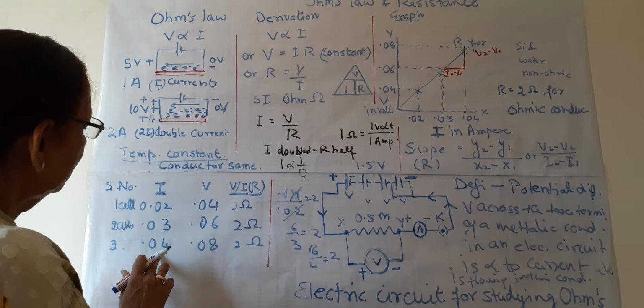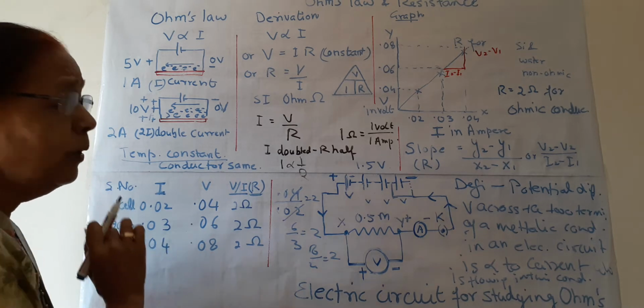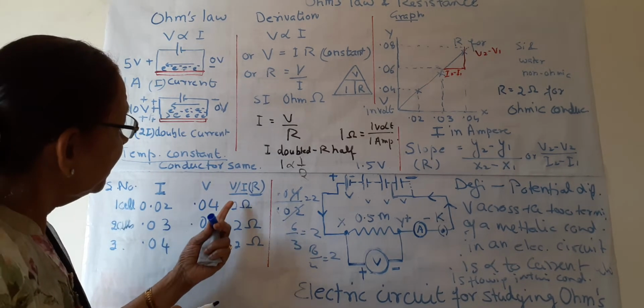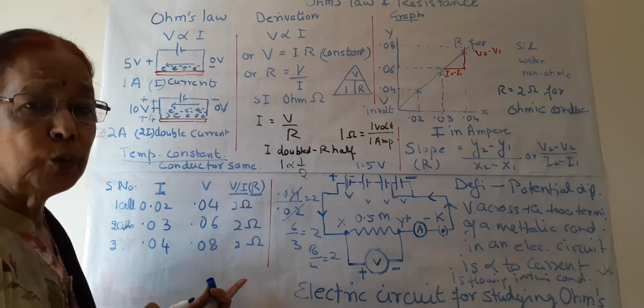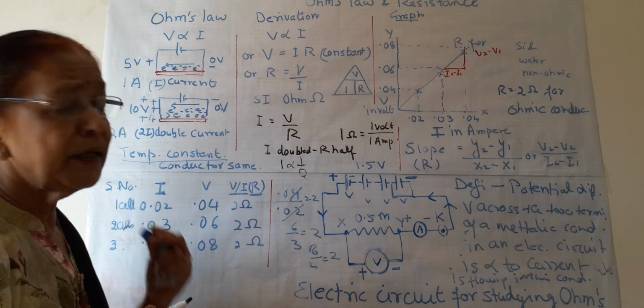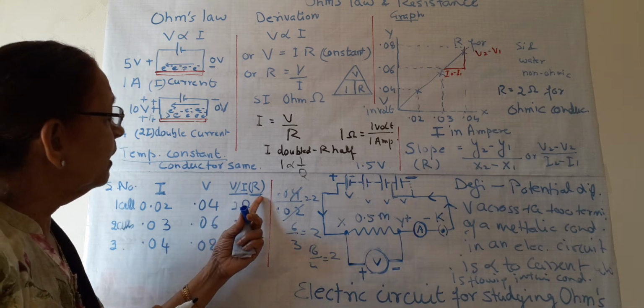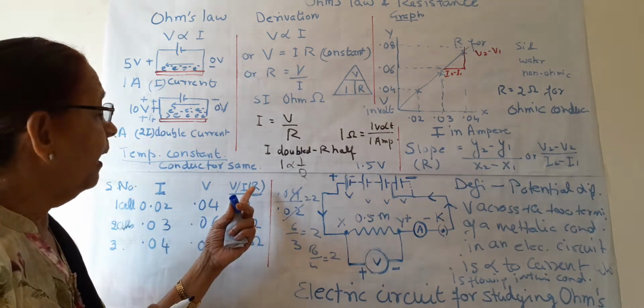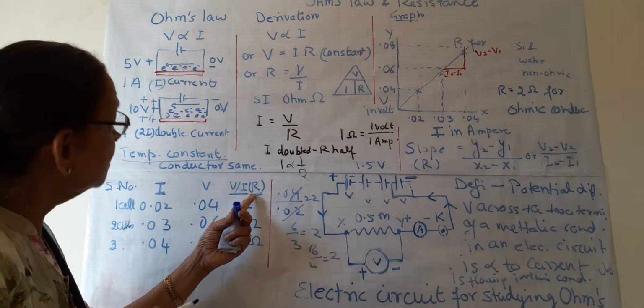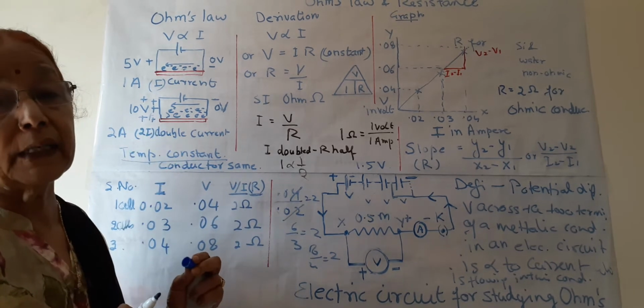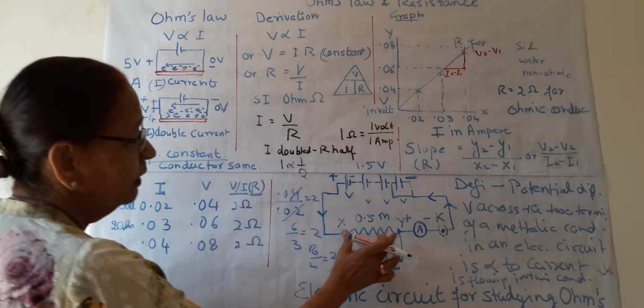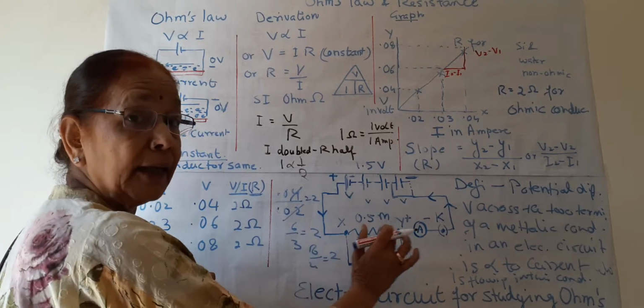If V is tripled, I is also tripled. So every time the V by I ratio is 2. This V by I ratio is constant, and this constant is known as resistance, and this resistance is for this conductor, for this wire which we are using here.